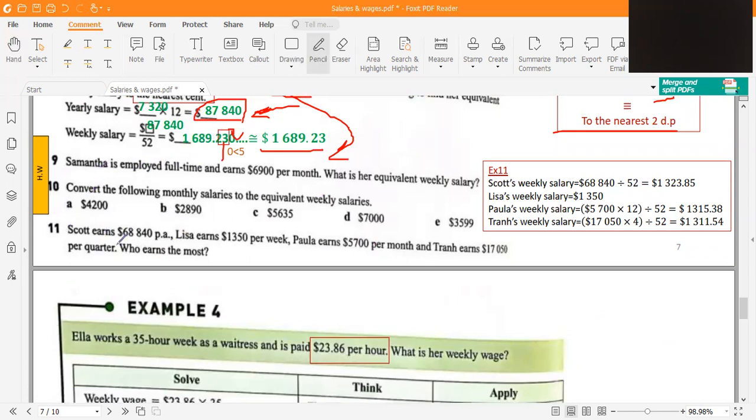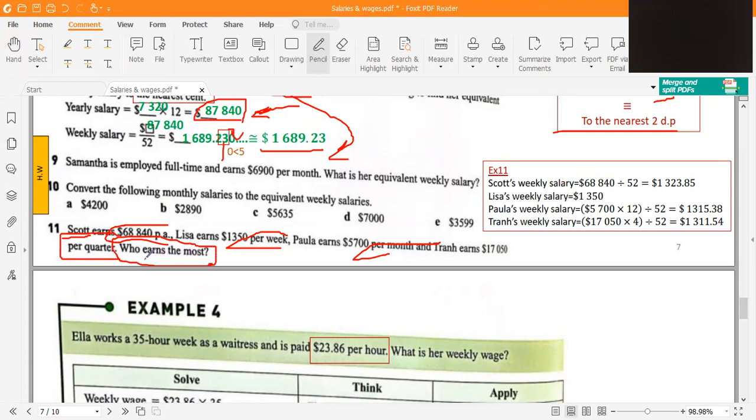In exercise 11, we have different employees who earn, for example, salaries per annum, per week, per month, and per quarter. They ask us who earns the most, who has the biggest salary.